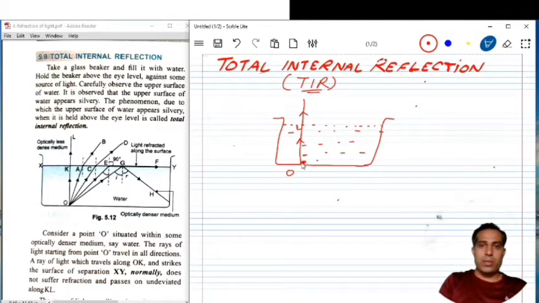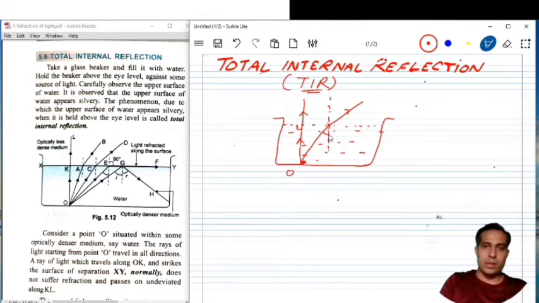And if the ray of light is traveling at a certain angle, here you can see the point of incidence, and this will be the normal line. So here the refraction will take place.